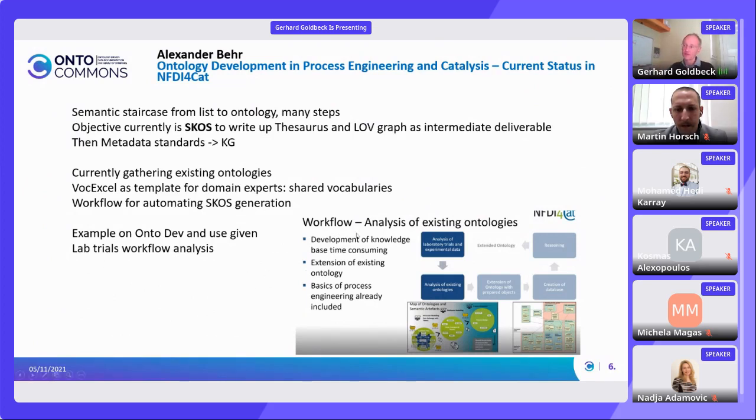And I found it very interesting here that they've chosen a middle step, SKOS, as a first target for thesaurus, and linked open vocabulary graphs for then metadata standards and knowledge graphs. So working their way up the steps, and also again work on tooling, which tied in with the VocExcel as a template for domain experts for shared vocabulary development, automating SKOS generation, and so on.